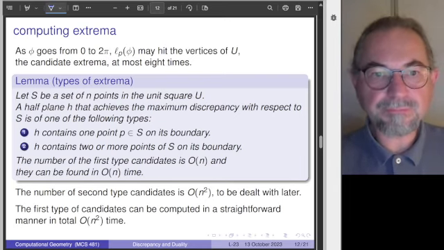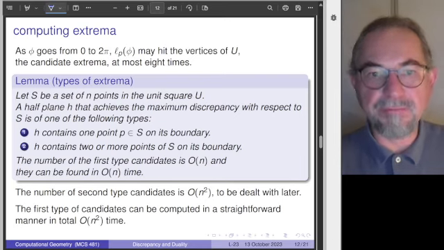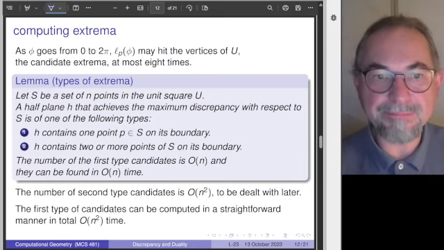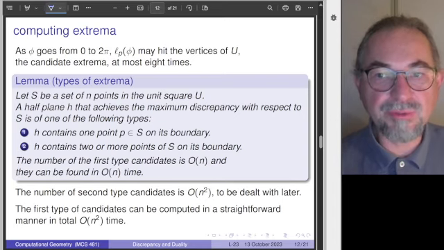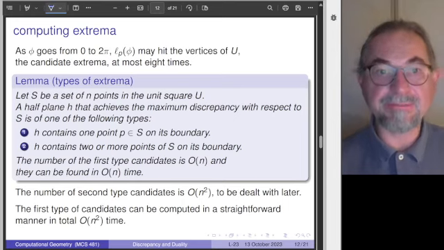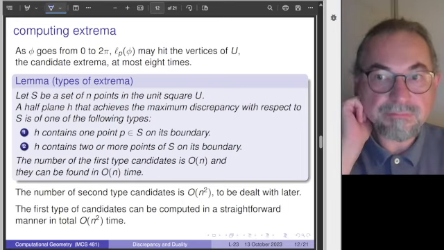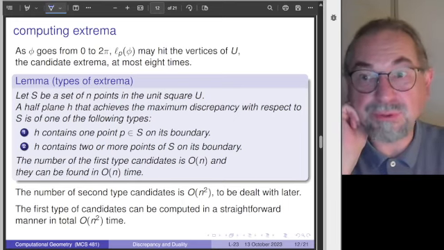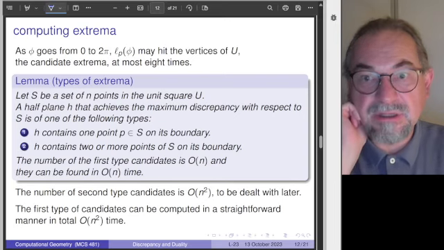Okay, we have 2 points, and n is the number of sample points. So we would like to know what is the cost of computing the discrepancy in terms of the number of sample points. Why is that useful?